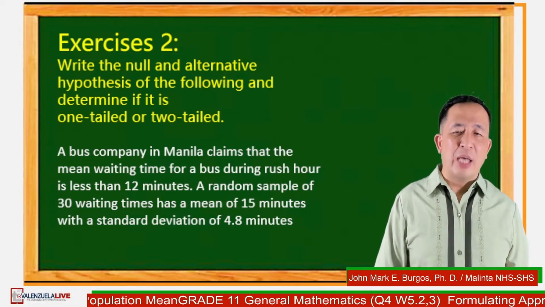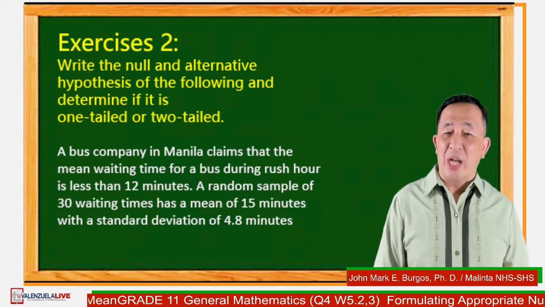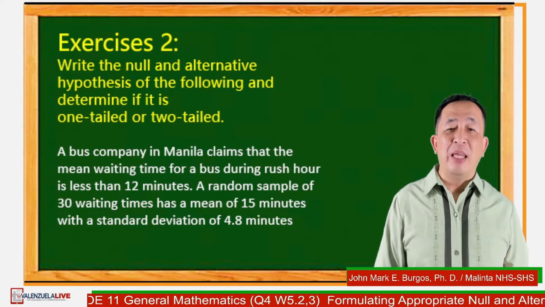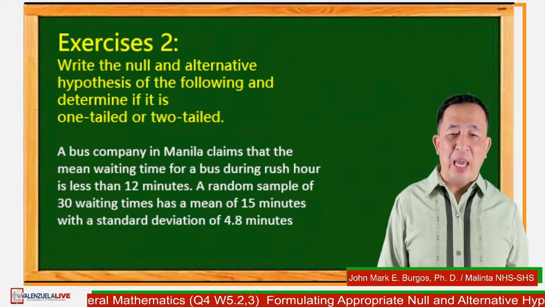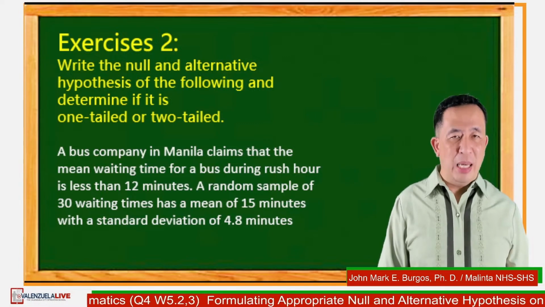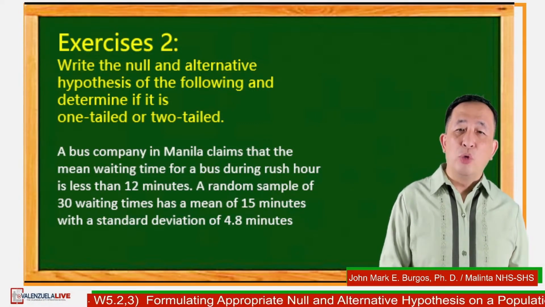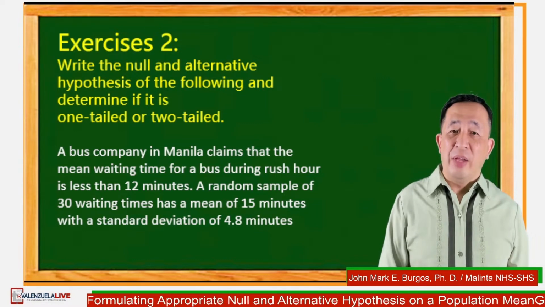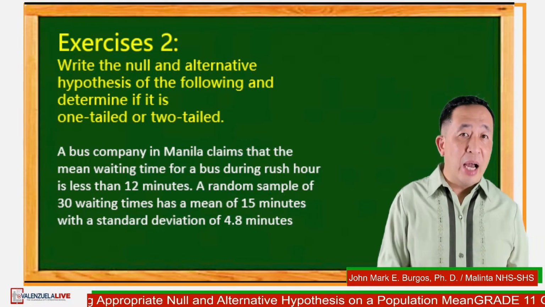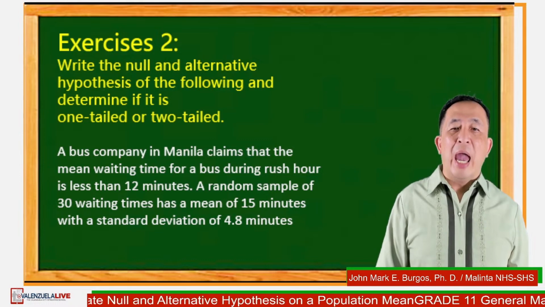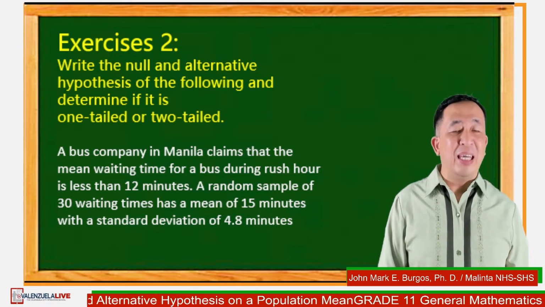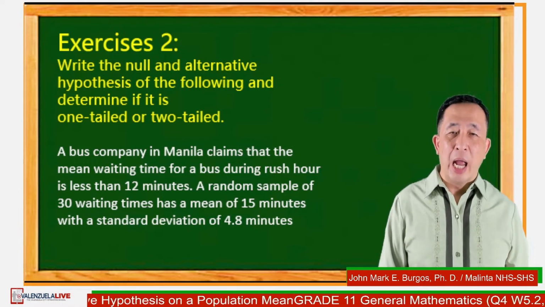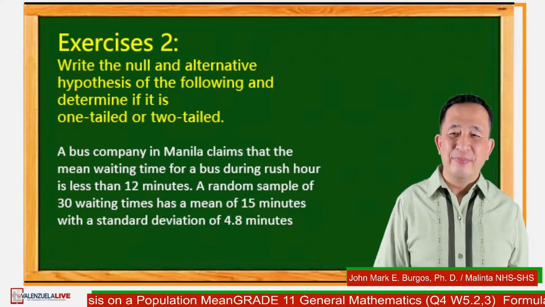Now, a random sample of 30 waiting times has a mean of 15 minutes with a standard deviation of 4.8 minutes. Again, you have 20 seconds to write the null hypothesis, the alternative hypothesis, and determine if it is one-tailed or two-tailed. Ready? Go.